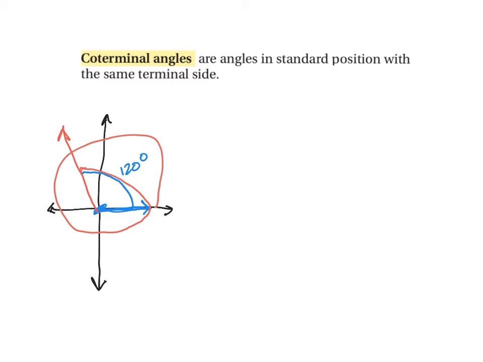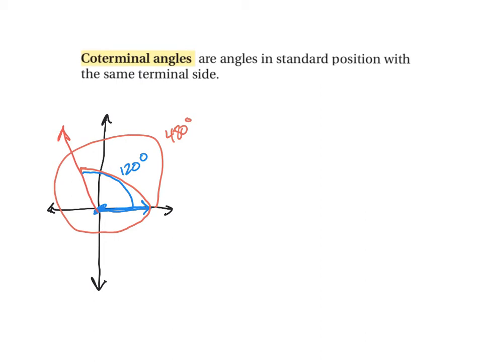My apologies for that terrible spiral there. I'm having a drawing nightmare here. I'm a one-take wonder though, so I'm not starting over. 480, that's a 360 plus a 120. The angle 480 is coterminal with this 120.